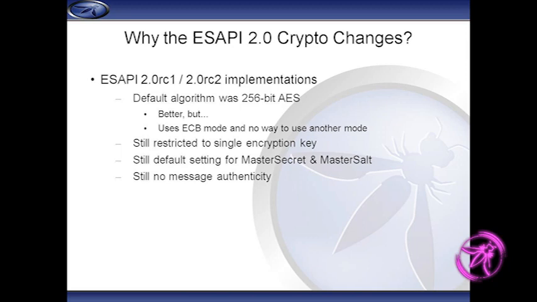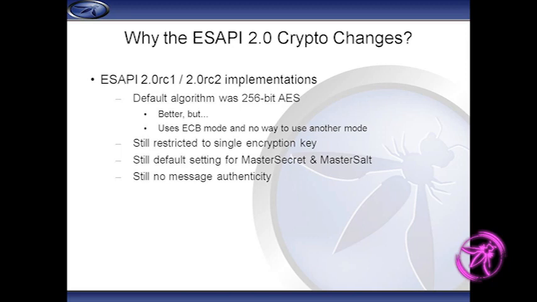It still had default settings for master secret and master salt, which you could change, but you had to go through a whole bunch of contortions to do it, and still no message authenticity. When I say message authenticity, I mean there's no way to ensure that the ciphertext came from the sender that you think it came from.